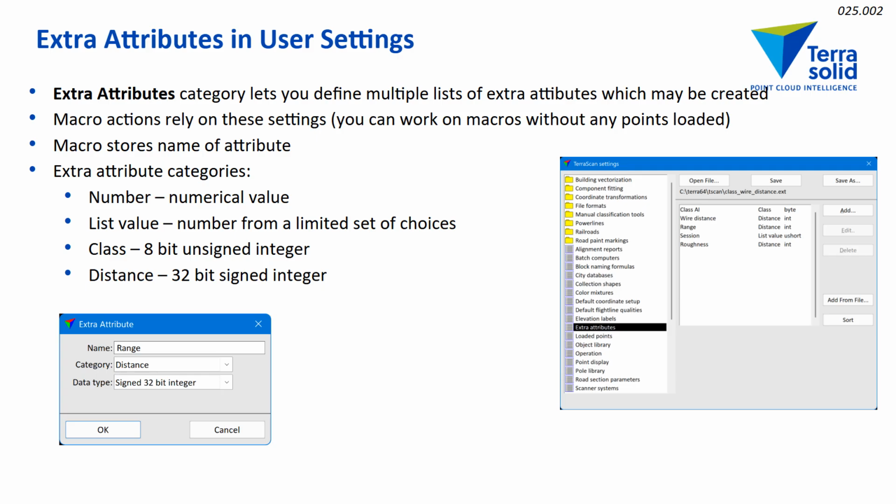And in user settings, there's an extra attributes category where you can build a list of extra attributes, which then can be selected in the different macro actions. Again, the easiest way to create this list is to use Add from File button and select an example file.